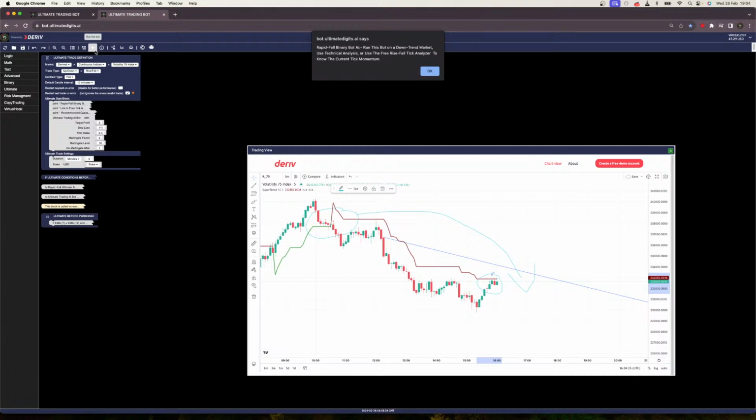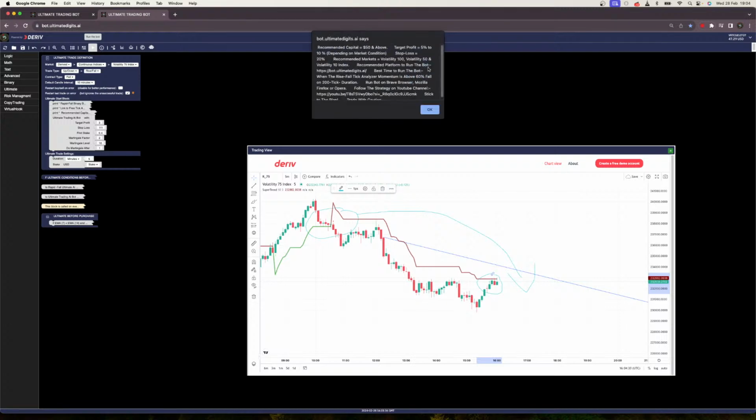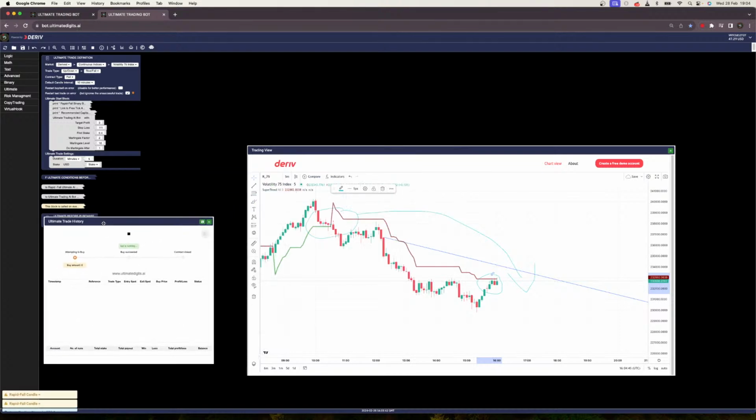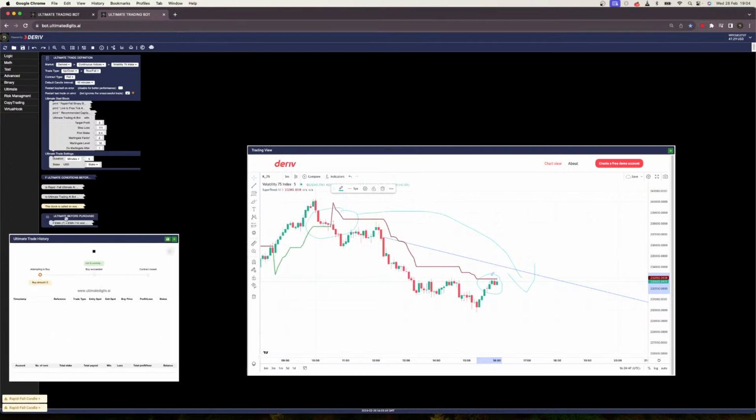So after I've run everything, press OK and it will give you the risk management that you should use. You should read that, and then after that it has started to run.